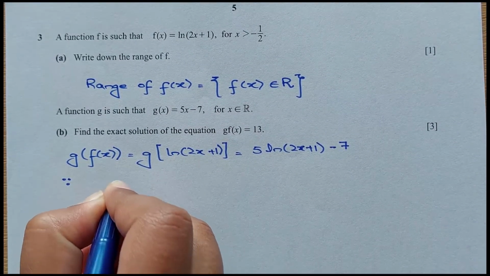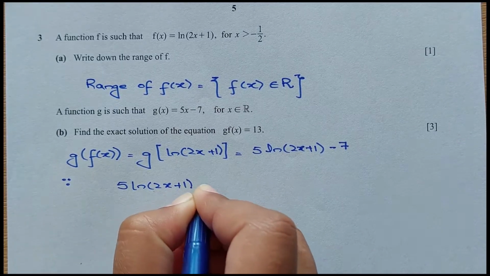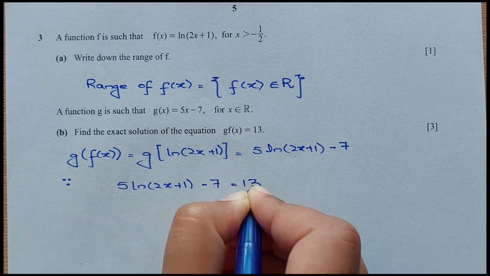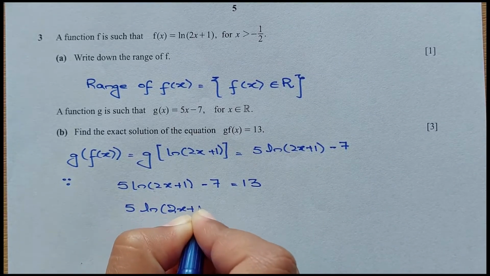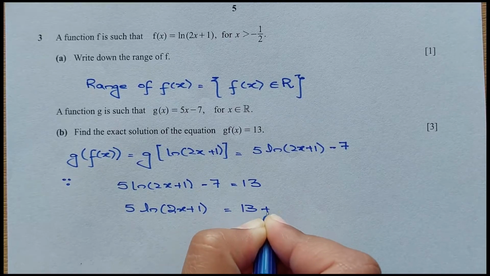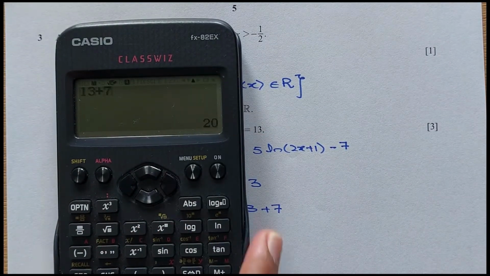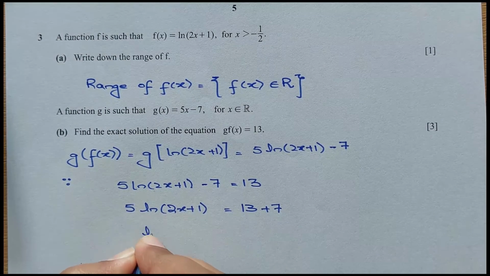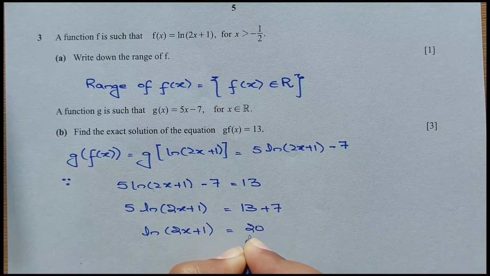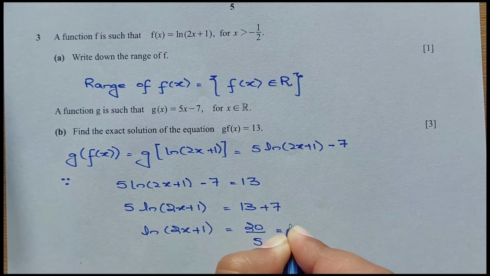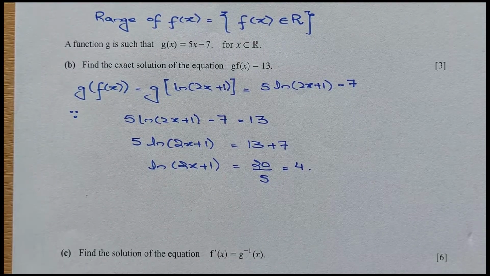So we have 5 ln of 2x plus 1 minus 7 equals 13. 5 ln of 2x plus 1 equals 13 plus 7, and 13 plus 7 is 20. So ln of 2x plus 1 equals 20 divided by 5, which is 4, right? And we need to solve for the x value.